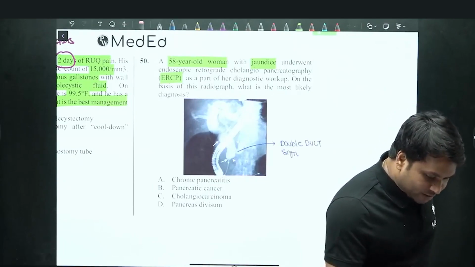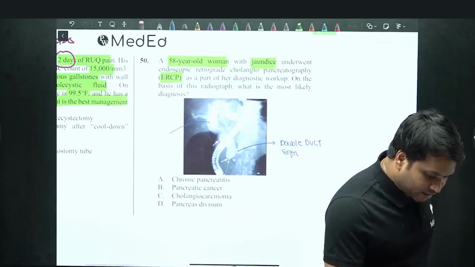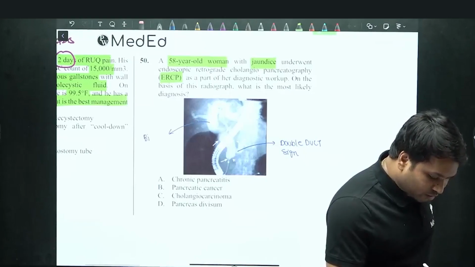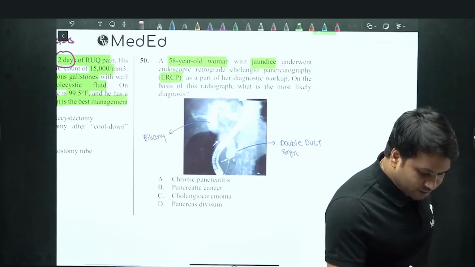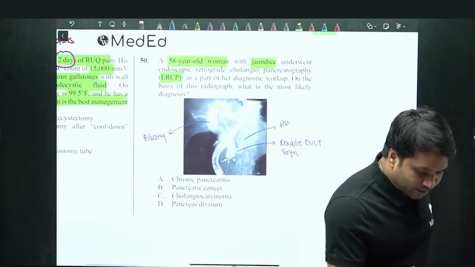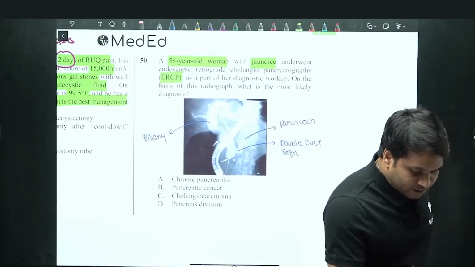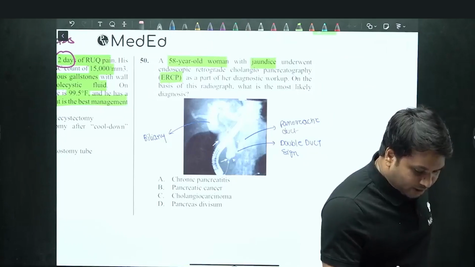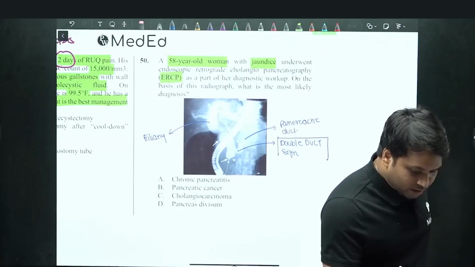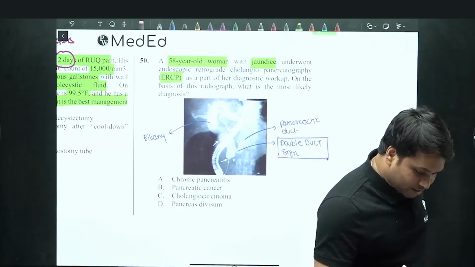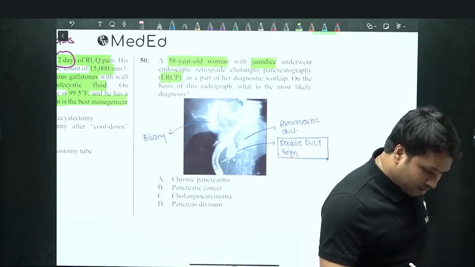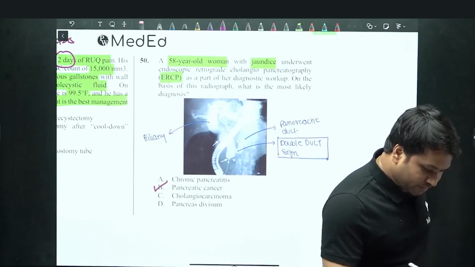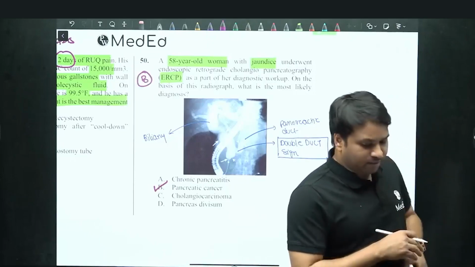In the double duct sign, you see this duct is your biliary system, and this is your pancreatic duct. This is usually seen in pancreatic head malignancies. So B for Bombay, double duct sign is seen in pancreatic cancers.